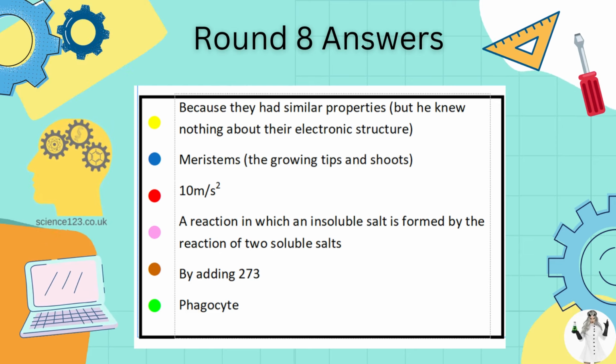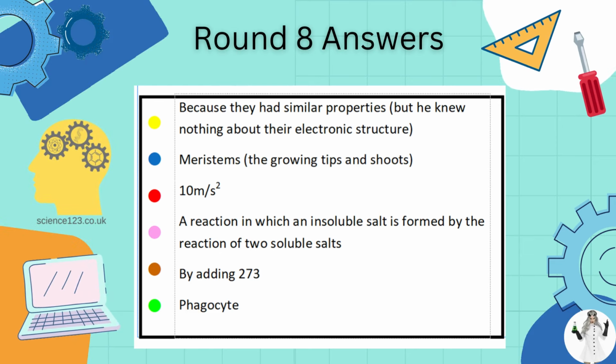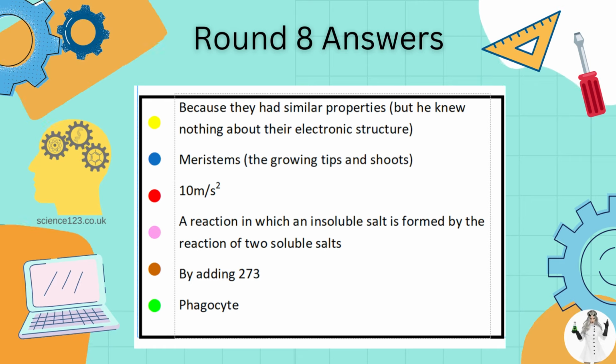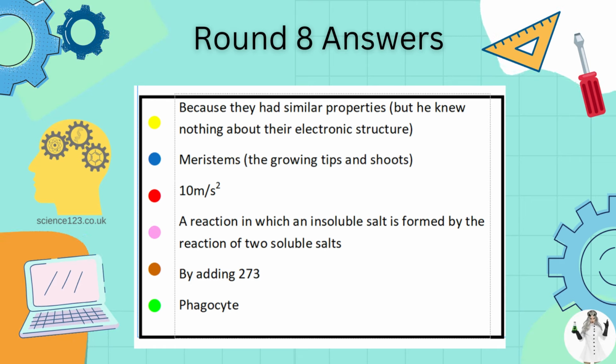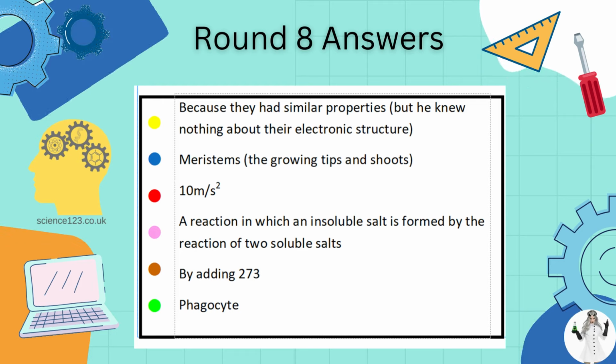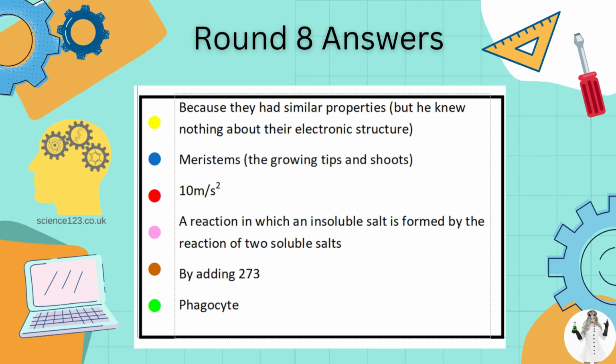Mendeleev arranged elements in groups in his version of the periodic table as they had similar chemical properties, but he knew nothing about their electronic structure. Embryonic stem cells in plants are called meristems, and they are found in the growing tips and shoots. The value of acceleration in freefall is 10 meters per second squared.